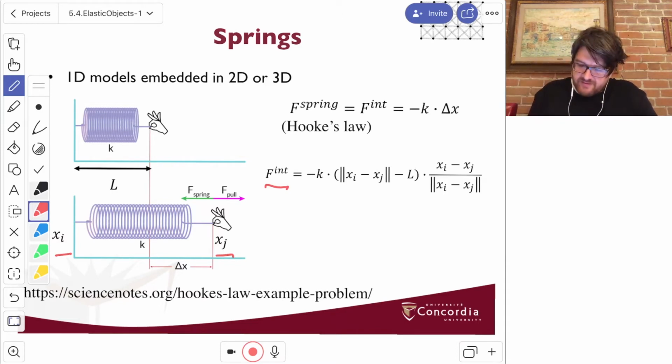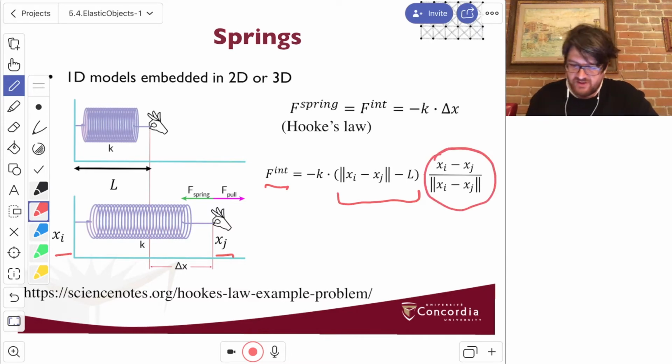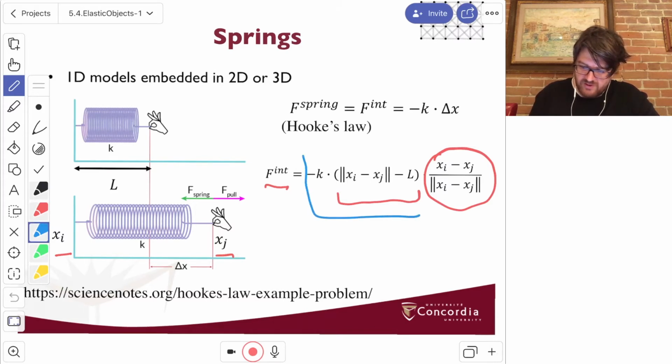But now this is the change in length of the spring, essentially the norm of the vector between xi and xj minus the rest length of the spring, times this here, which is just the direction of the force. So this first part in blue is the magnitude of the force, and in red here is the direction.